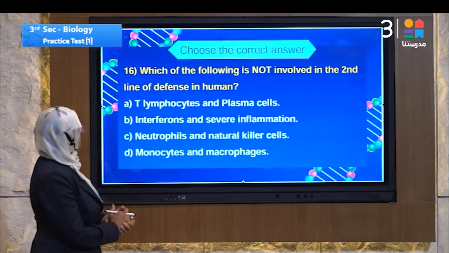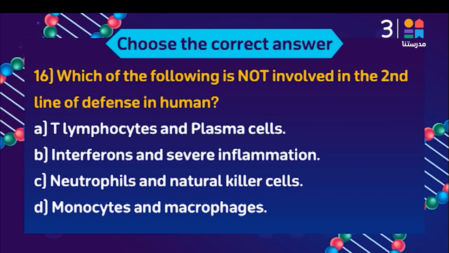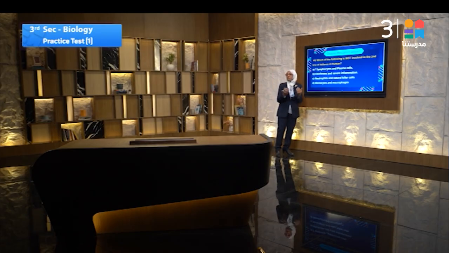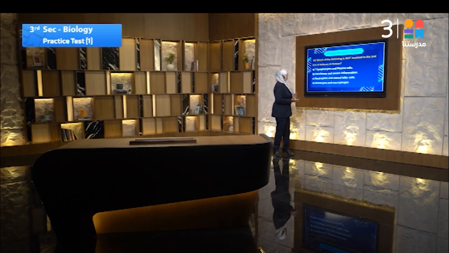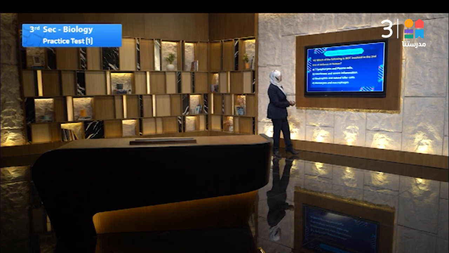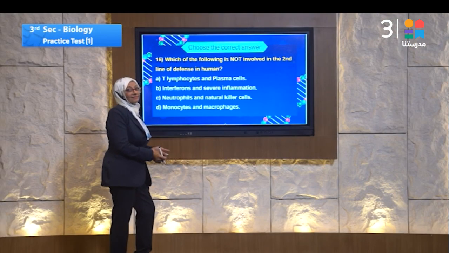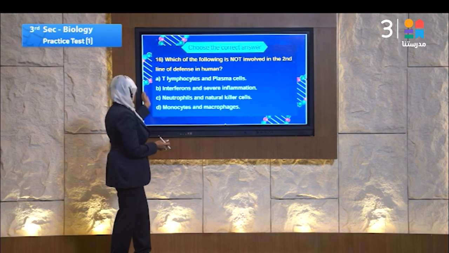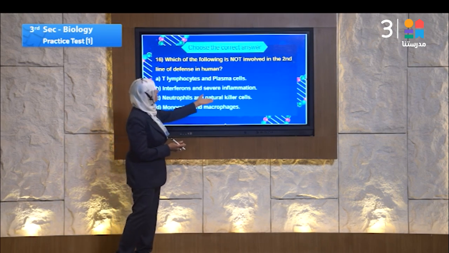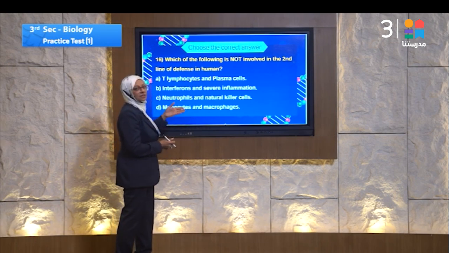Let's go to 16. Which of the following is not involved in the second line of defense in humans? That means all of them are second line except one. Let's read the choices. Number 1, T lymphocytes and plasma cells. Interferon and severe inflammation, that is second line.